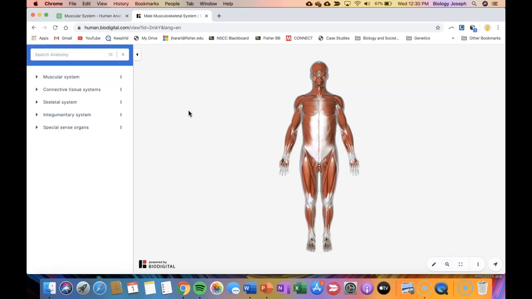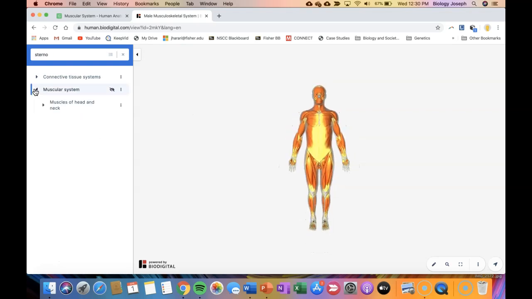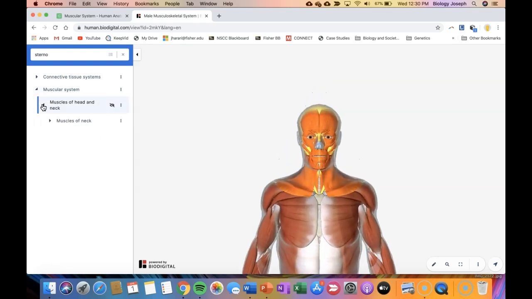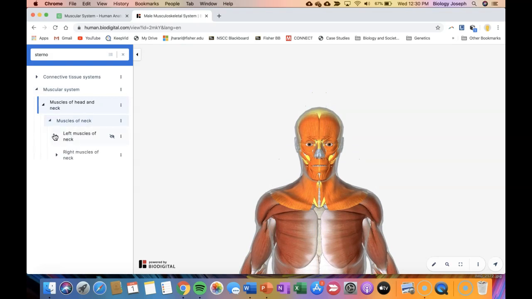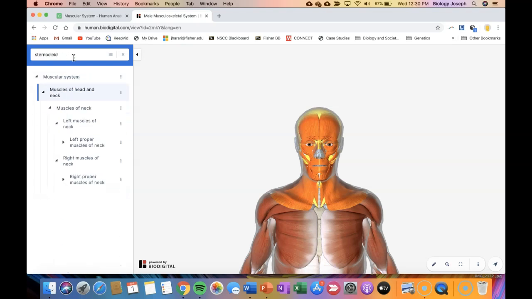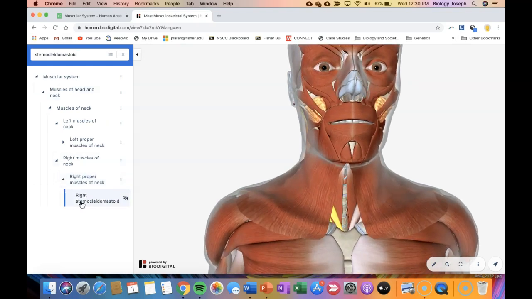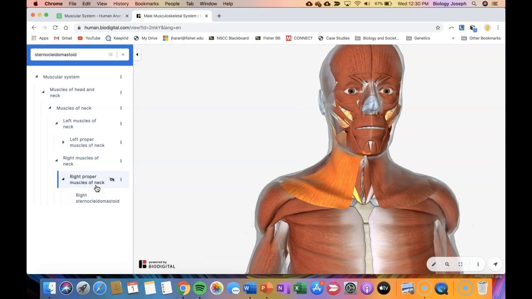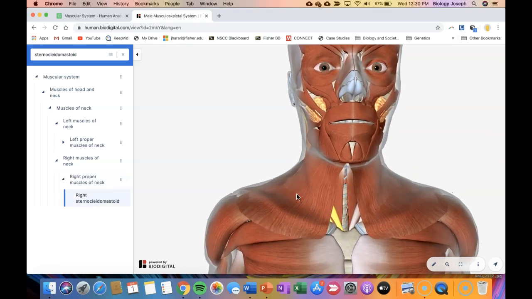So if I type in sterno, I wonder if this will come up already. So you could help highlight it. You could search for whatever muscle you're looking for, and then it will allow you to look and click on it. So this is all the muscles of the neck, and now you're looking at the SCM.